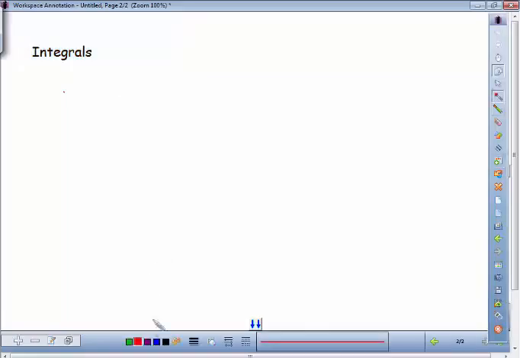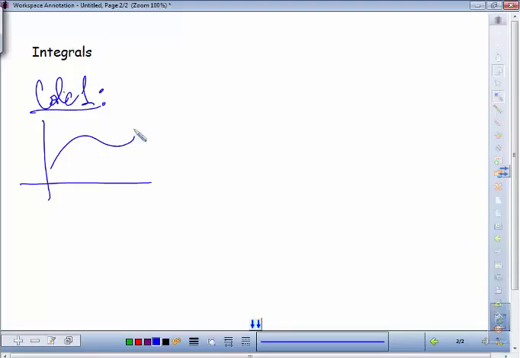So from Calc 1, we saw that we had, this is my favorite graph from Calc 1, Calc 2. The graph that looks like this.